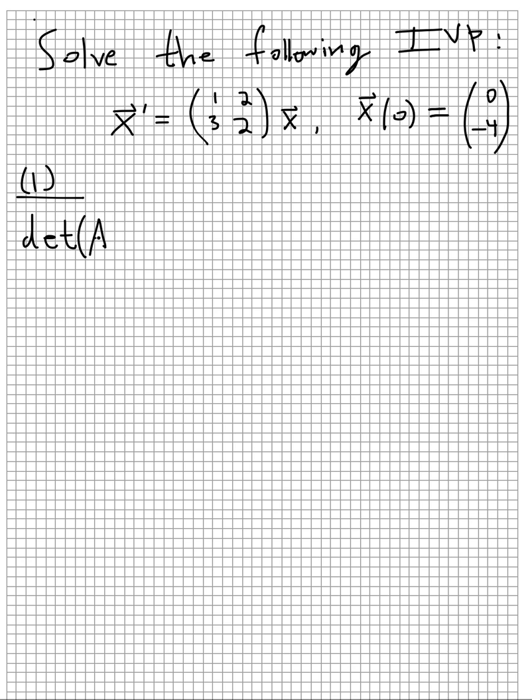Determinant of A minus lambda I is going to equal determinant of 1 minus lambda, 2, 3, 2 minus lambda, as before. And what this is going to equal is lambda squared minus 3 lambda minus 4.